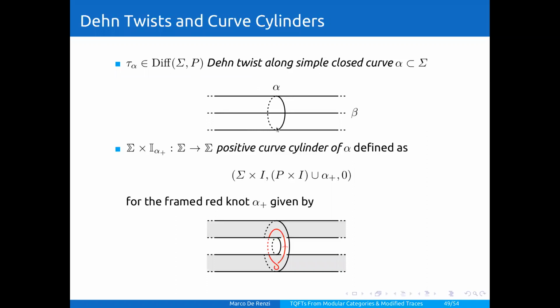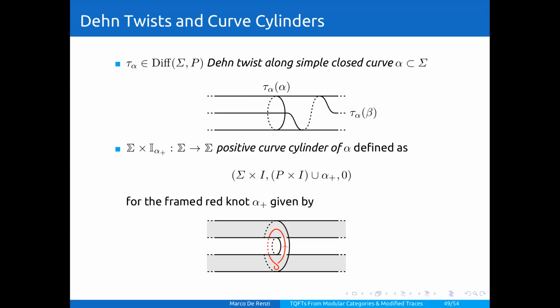And in this picture, I represented a tubular neighborhood of the simple closed curve alpha. And I also highlighted a transverse curve, beta, which intersects alpha only once. So to define the Dehn twist tau alpha, you first cut sigma along alpha, like this. Then you do a 2 pi twist of the right-hand side of this picture with your right hand. And then you glue them back.